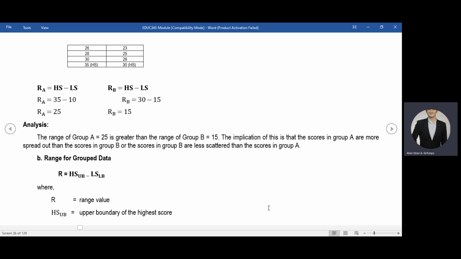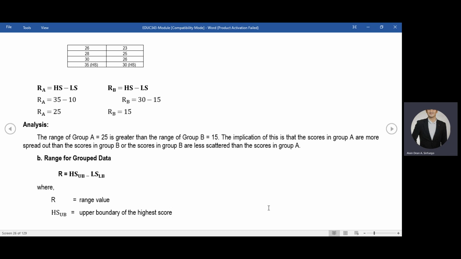Okay, so the range of Group A, since our highest score for Group A is 35, for Group B is 30, the range of Group A is 35 minus 10, which is 25. For Group B, you have 30 minus 15. Therefore, the range of Group B is 15.